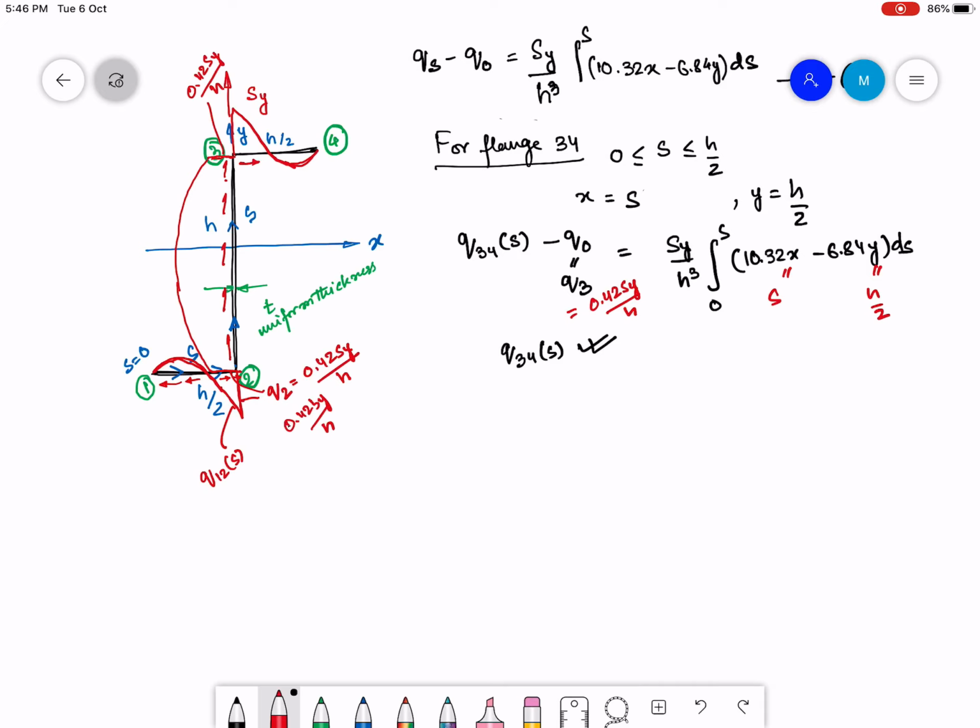So this is going to be positive, and here it is going to be negative. Positive as in the direction of S, and negative as in the opposite direction of S.